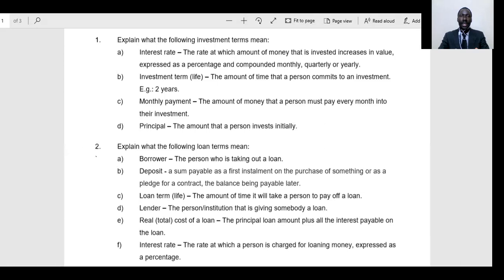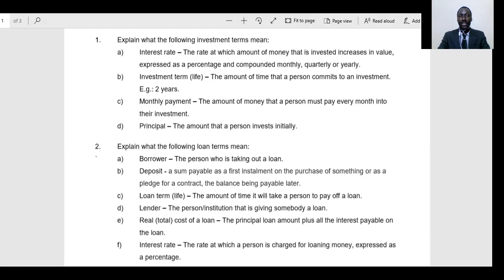So the first term is the interest rate. What happens normally is when you invest some money, you put it somewhere, say in a fixed deposit account, or you give it to a friend, so that after some time your friend will pay back that money with some interest, then you have to tell them the rate at which you will be charging the interest.